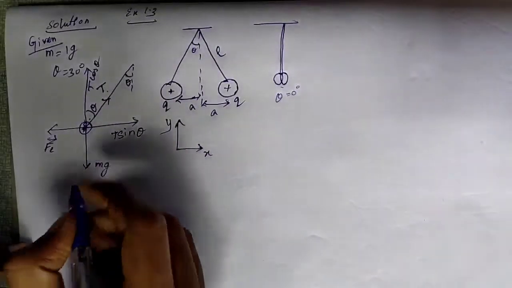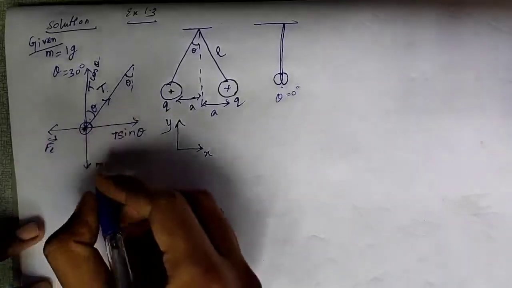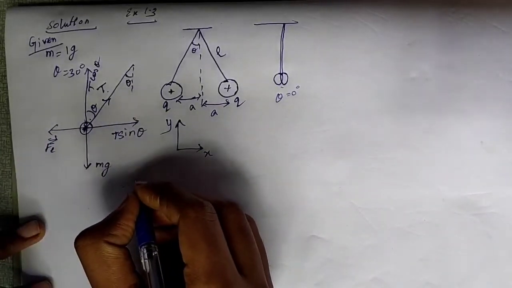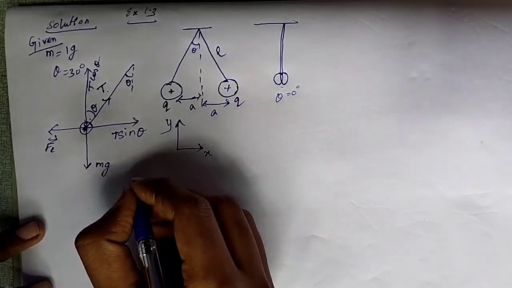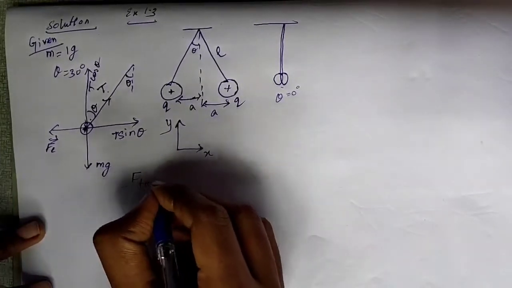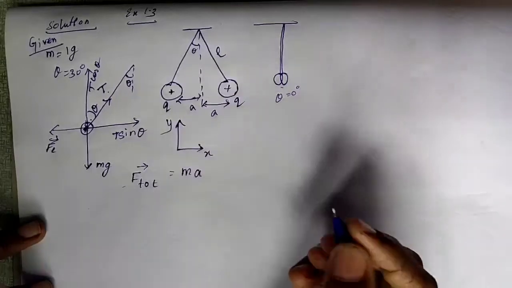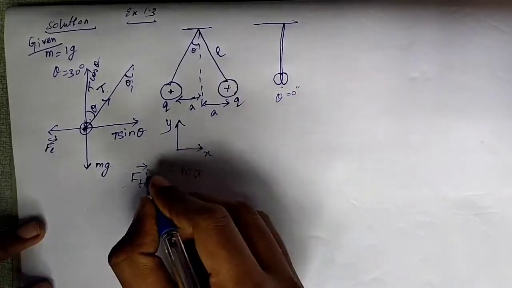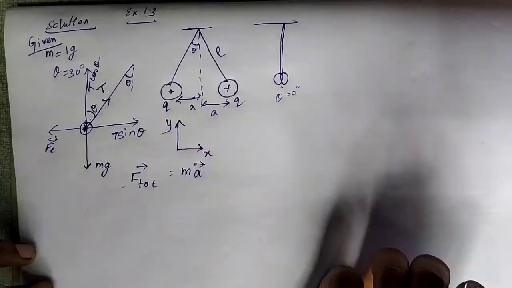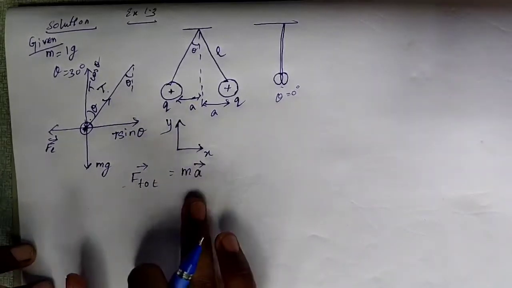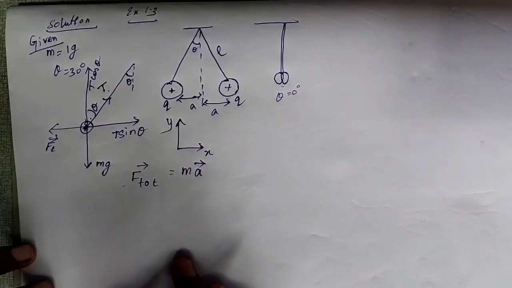What is Newton's second law? Force is equal to mass into acceleration. So the total force F total is equal to ma.